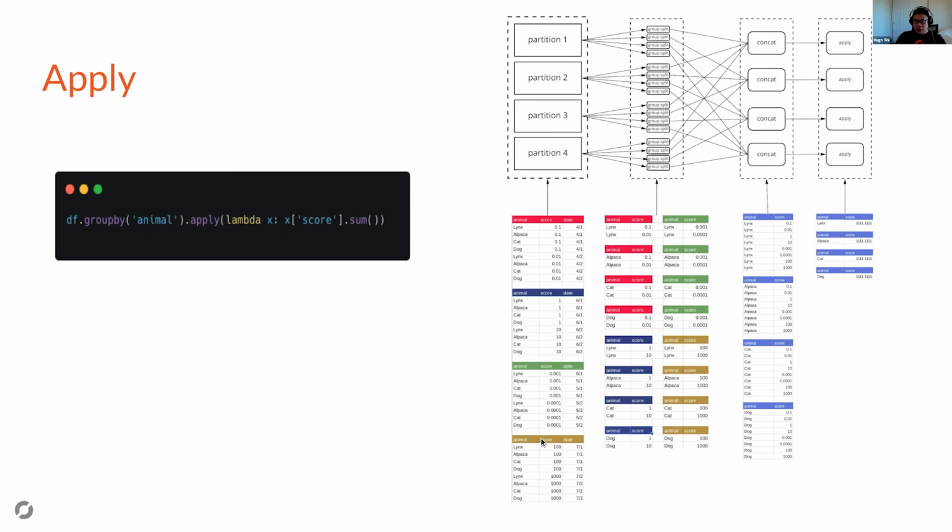The first step in the shuffle is to split them out. So I go from 4 data frames to 16, where each data frame with 4 animals goes to 4 data frames, which each have 1 animal each. Then all like animals are concatenated. So I end up with 4 data frames with all the lynxes, alpacas, cats, and dogs. And finally, I group by the animal and sum scores to end up with 4 resulting partitions.